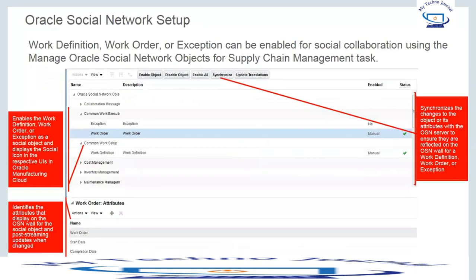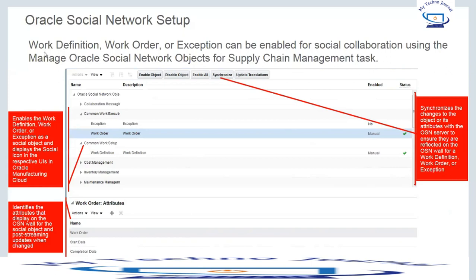Regarding the social network, as I said, Oracle Social Network, OSN, is available for many objects in certain applications. It's only up to us whether we want to use OSN for that object or not. So how do we do that? There is a task called Manage Oracle Social Network Object for Supply Chain Management.